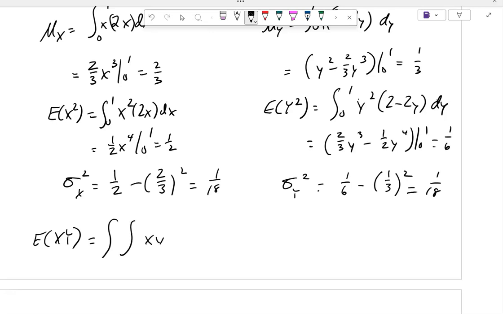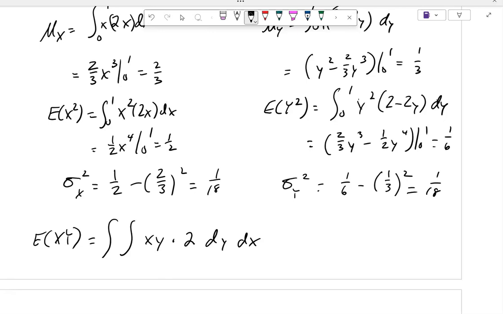I'll need to do xy times f of xy, and I'll say dy dx. I'll do it that order. Doesn't really matter. I have to do whatever the function is on the inside here. So it says expected value of xy. So I take my joint PDF and multiply by xy. This is why I had to go back to the original double integral idea.